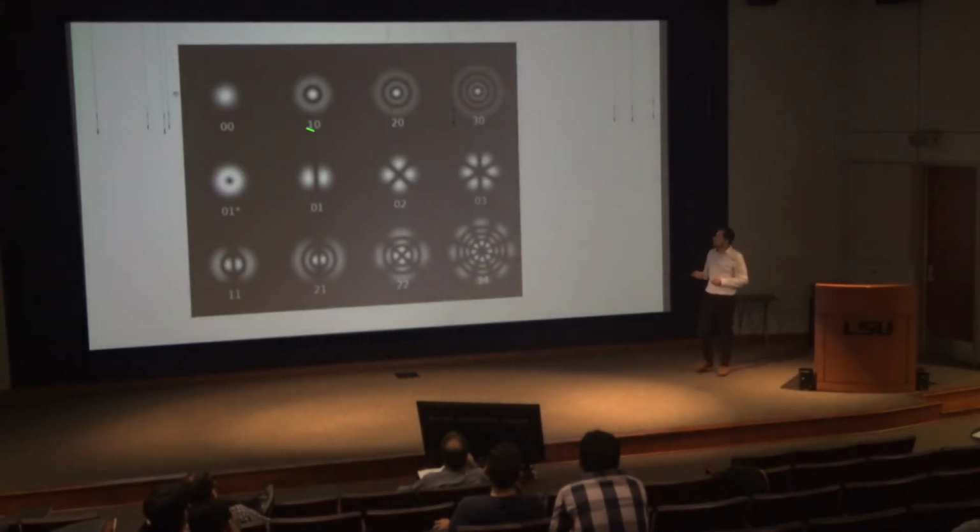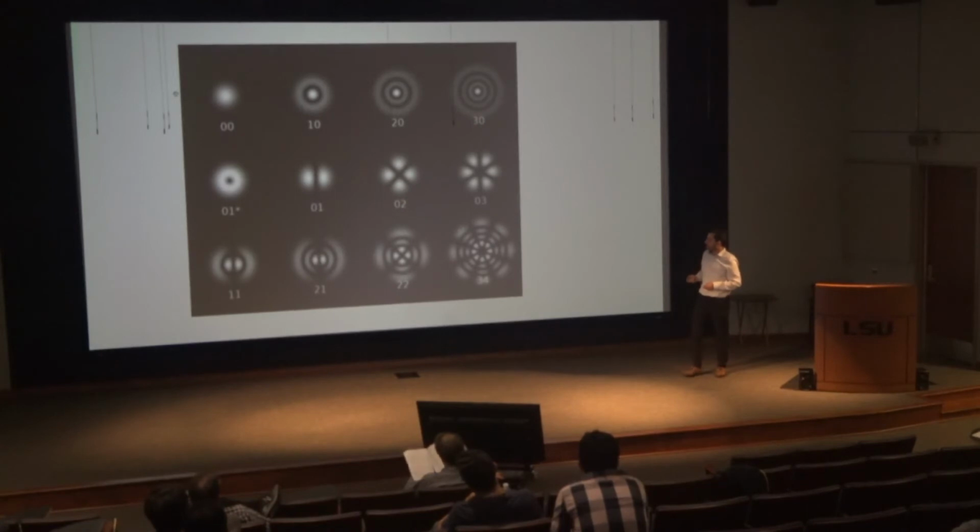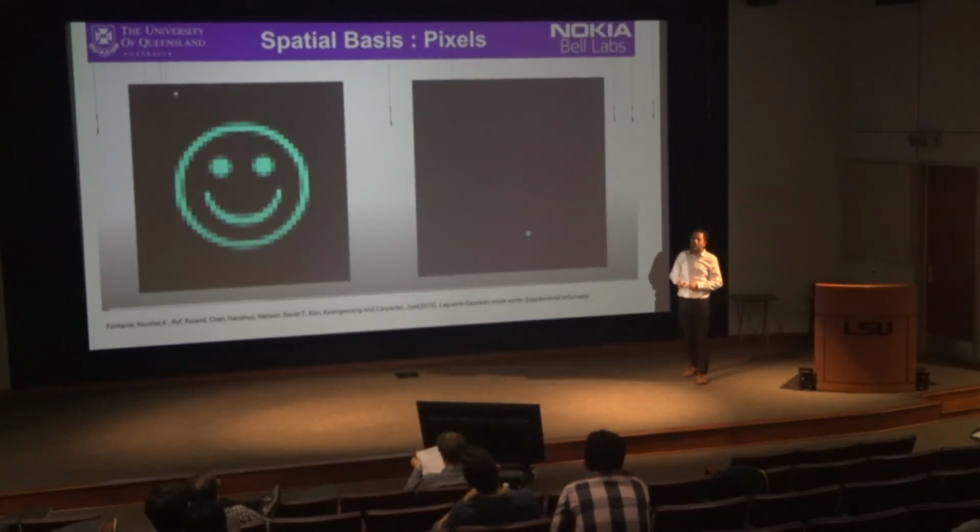As you increase the P index, it looks more and more like a bullseye pattern. If you increase the L, you introduce a topological singularity or OAM, and so at the end you get this dot in the center, which becomes a vortex.